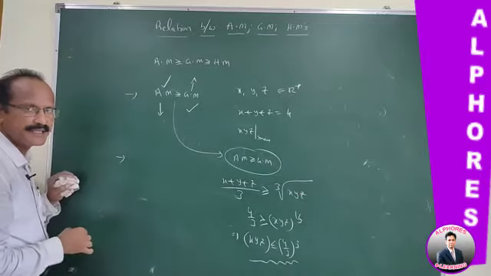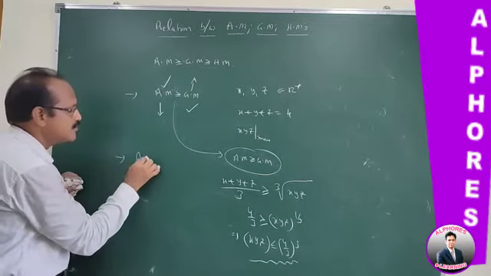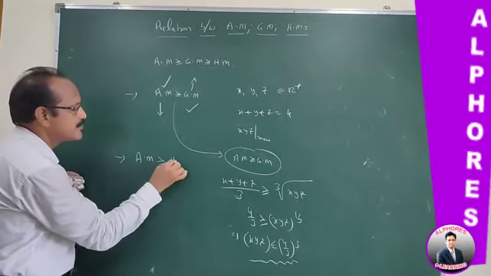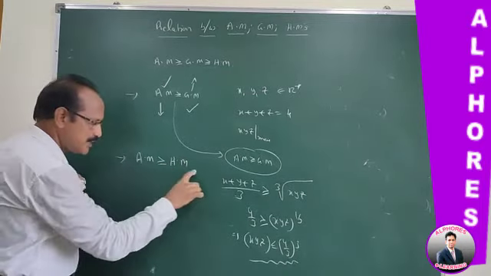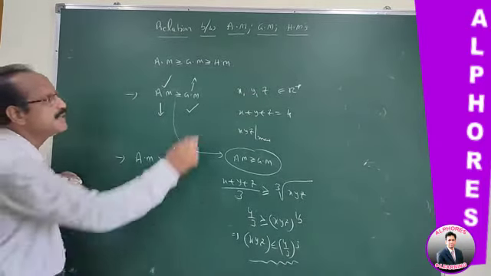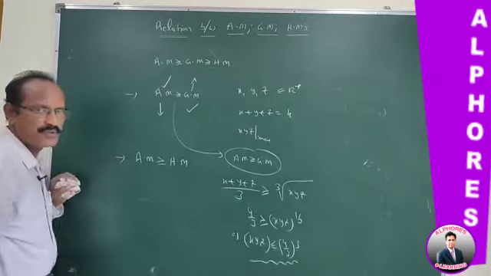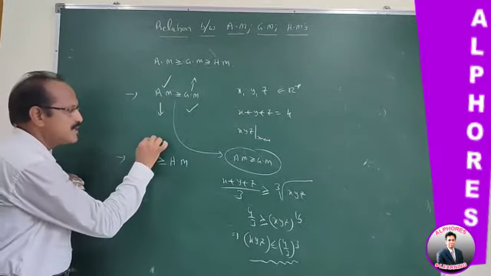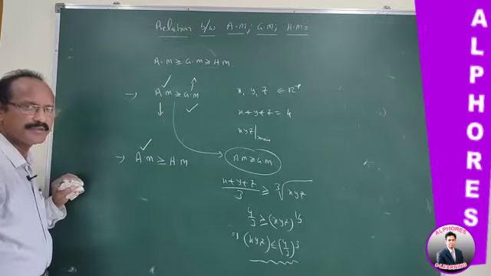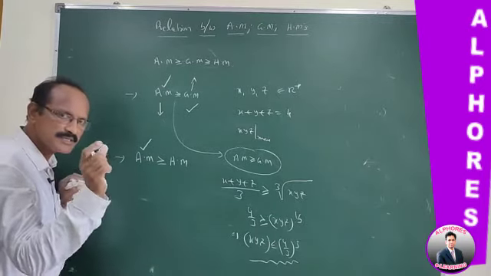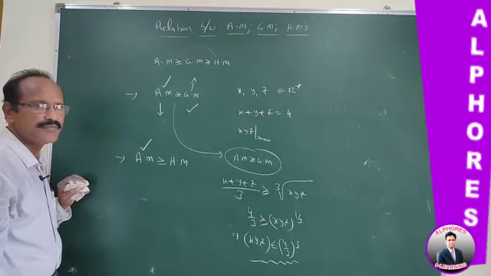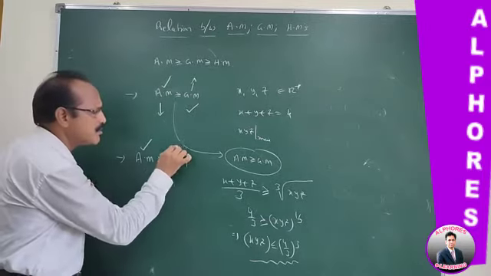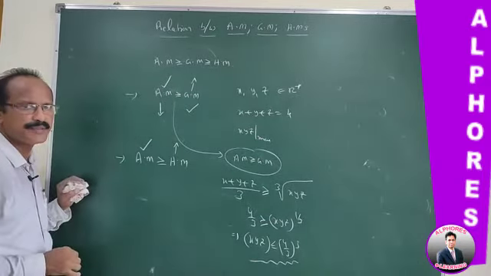And another aspect is, suppose AM is greater than or equal to HM. We are using this inequality when the sum of some numbers is given. Then you can calculate the maximum value of the reciprocal sum.